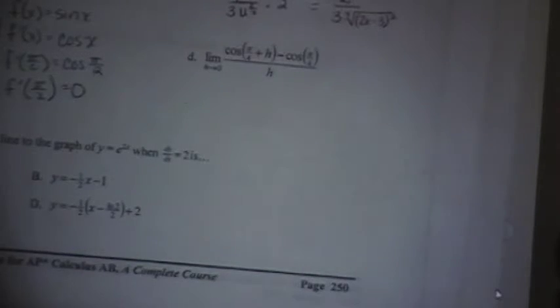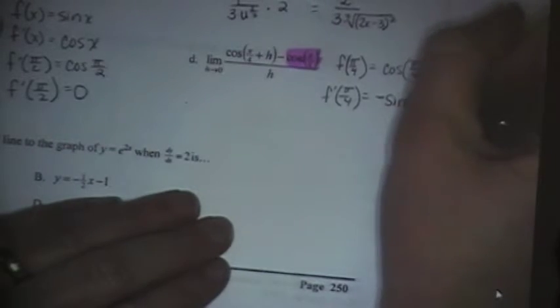All right, in D, we're back to just having the single h on bottom. So this is my actual function. They've already plugged in pi over 4. So let's see, I've got f of pi over 4 equals cosine pi over 4.